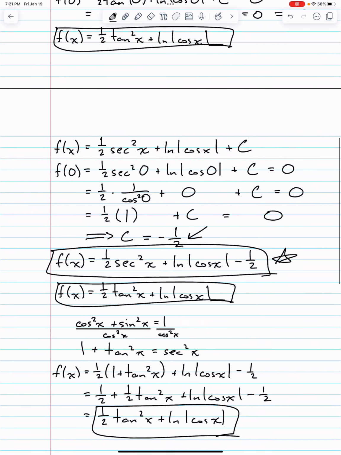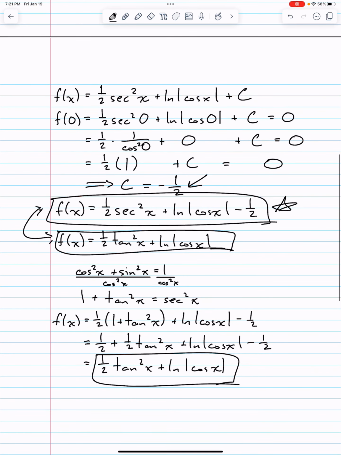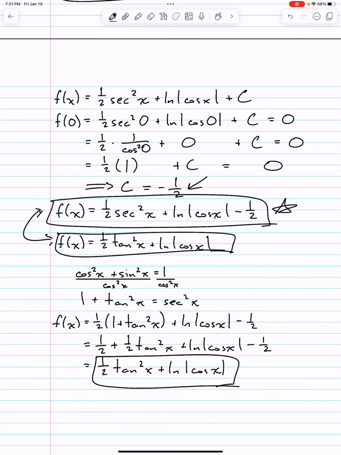Now let's look at my two functions side by side. Clearly they look different, but let's show that they really aren't. I'm going to rebuild the Pythagorean identity for secants and tangents: 1 plus tangent squared x equals secant squared x. Now I'm going to take the first box, the one with secant squared in it, and replace secant squared with 1 plus tangent squared x.